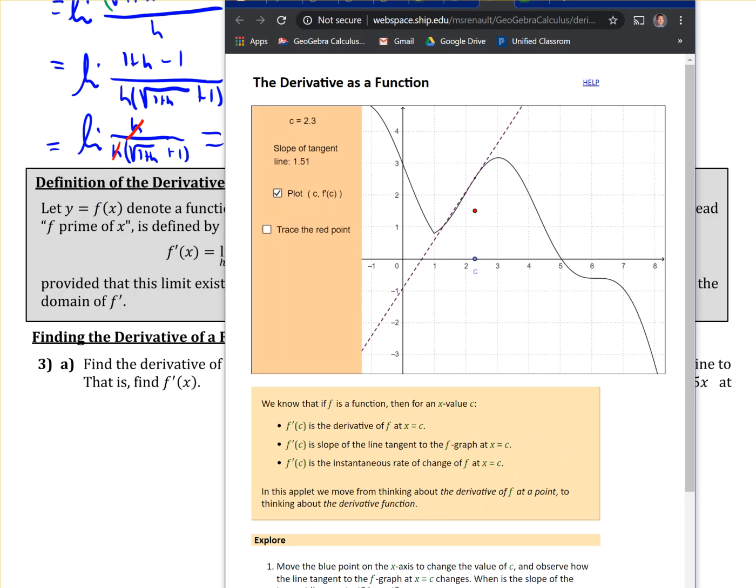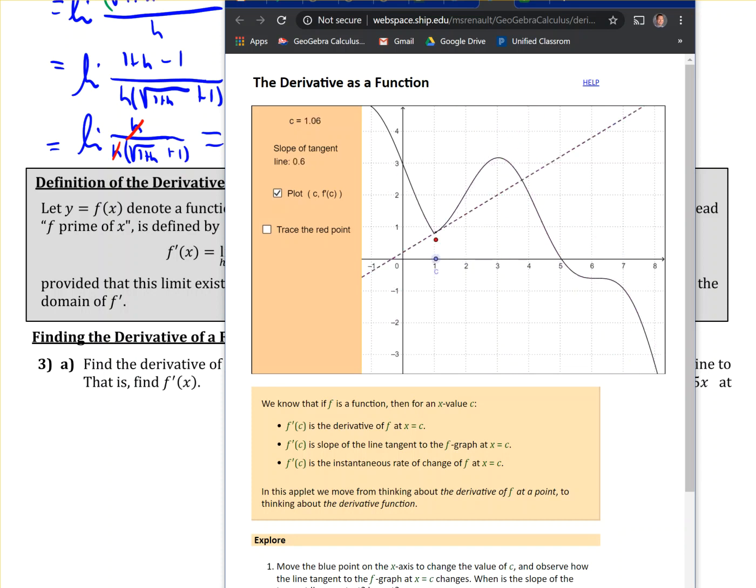That red point right there is exactly the value of the slope. So the slope of that line is about 1.5. If I look over here, it's locking onto 3, but you can see where it's completely horizontal, it's 0. Then we get negative. That's the numerical value of the slope at each point.